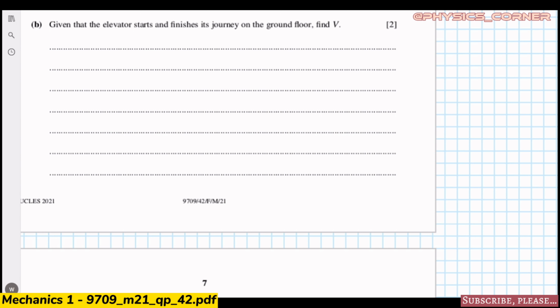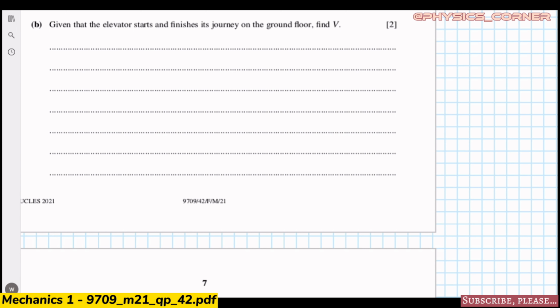When we see the diagram, the area on the left side equals the area of the right side. The area until 7 seconds is equal to the area from 13 to 21.5.